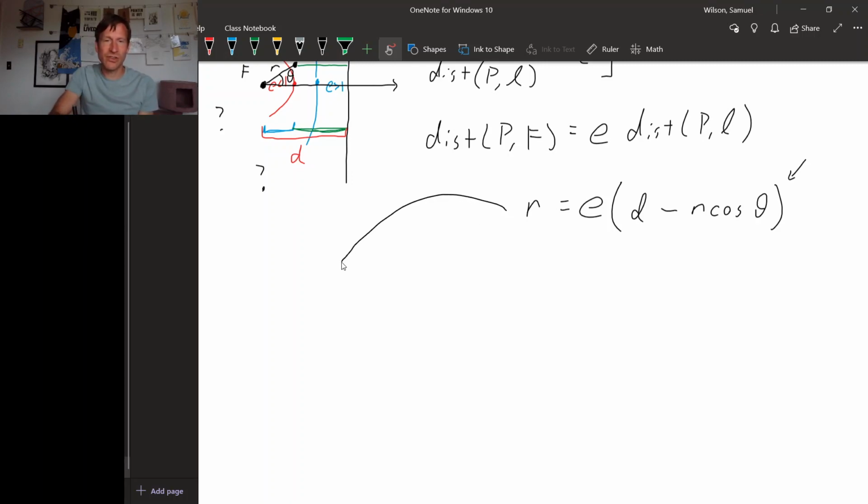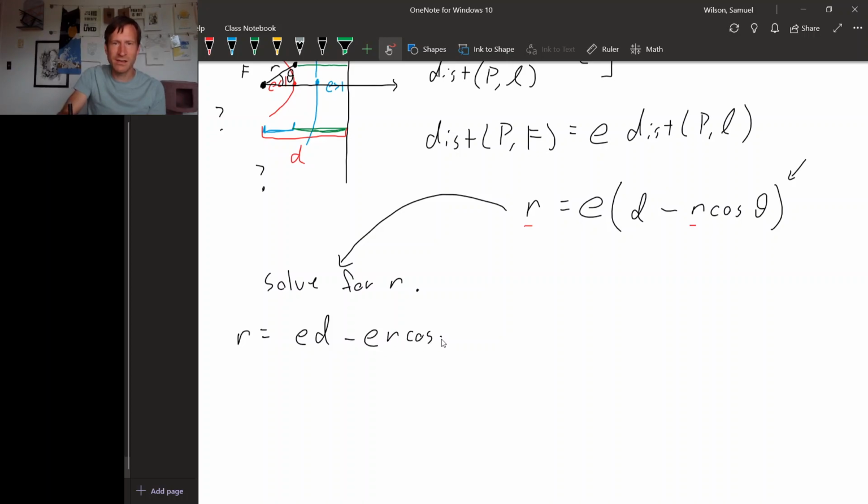So let's solve this for r. To solve this for r, we're going to have to get these two occurrences of r, here and here, on the same side of the equation. So we're going to have to start by distributing that e. We get r equals e times d minus e times r cosine theta.